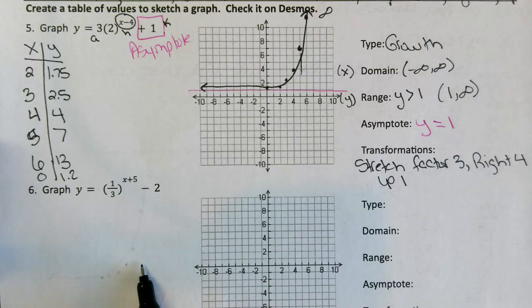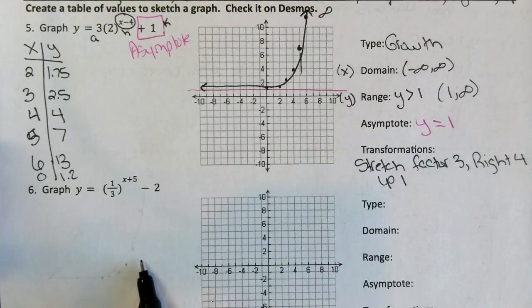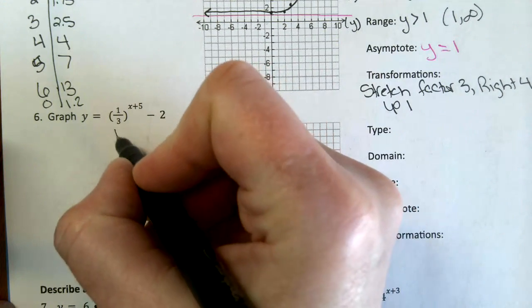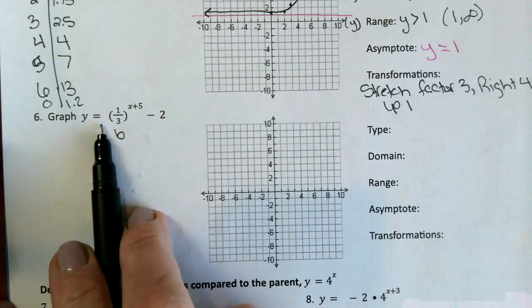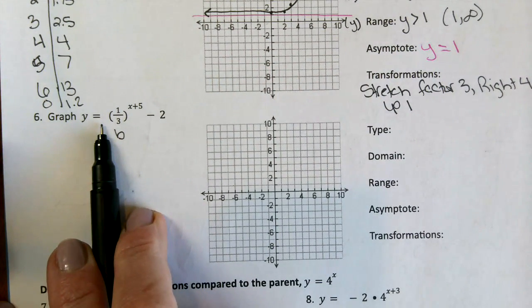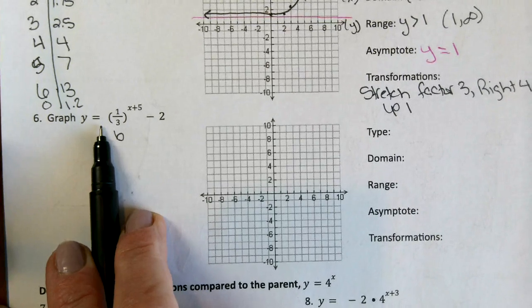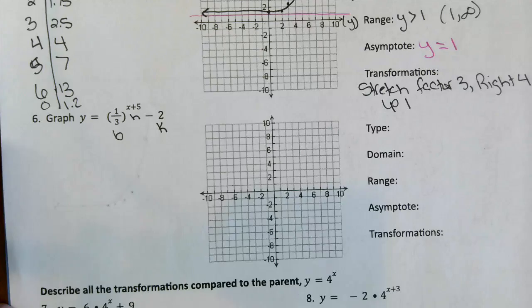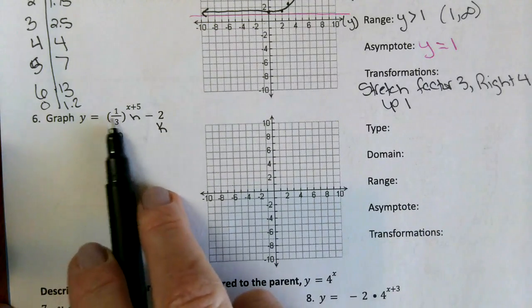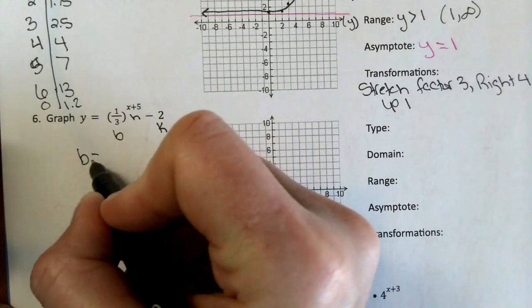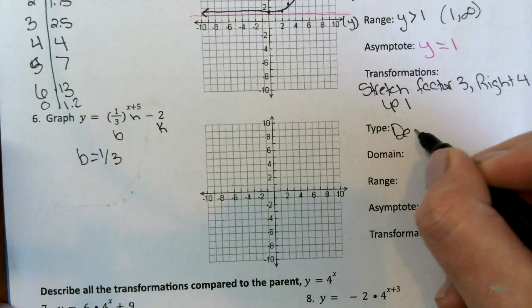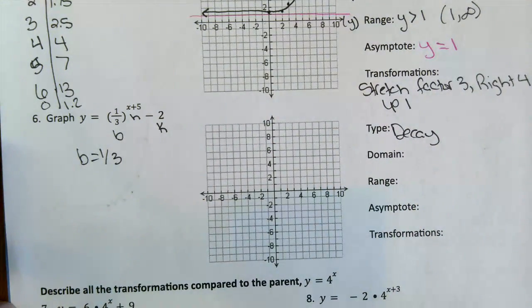Number 6, you're gonna need to look at my completed notes later. But I can see that this is my B. I don't have any number out in front, so I don't have any kind of stretch or compress. That's my H, and that is my K right there. And I do see that B equals 1/3, and I do know that I will get a decay kind of function.